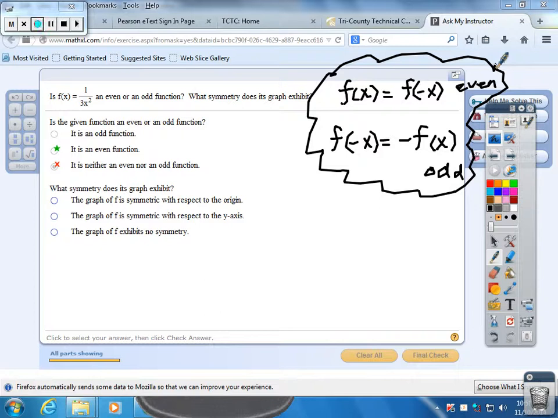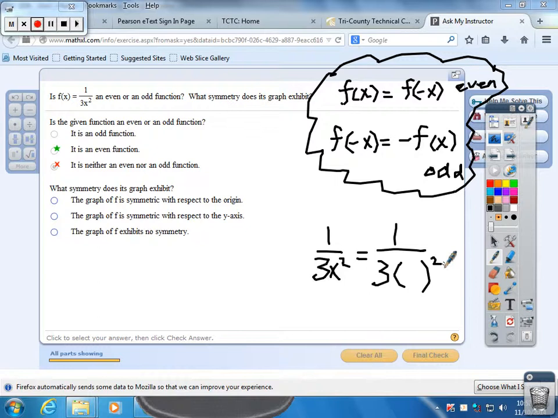So, first of all, you're going to have to take this function and put it through this test. So let's do that. So f of x, right here, is equal to 1 over what? 1 over 3x squared is equal to 1 over 3 parentheses squared.